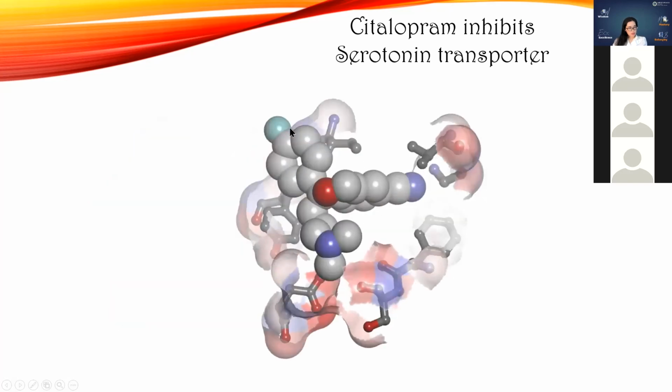When they design the citalopram molecule, they would pair positive with negative, and put the hydrophobic rings together to form pi-pi stacking. So that's roughly how they design drugs.